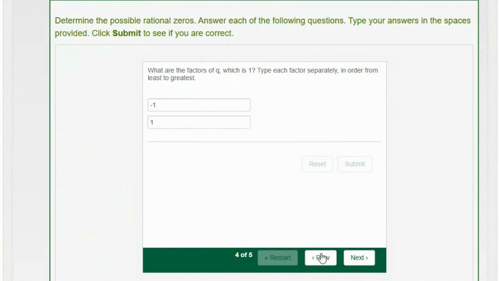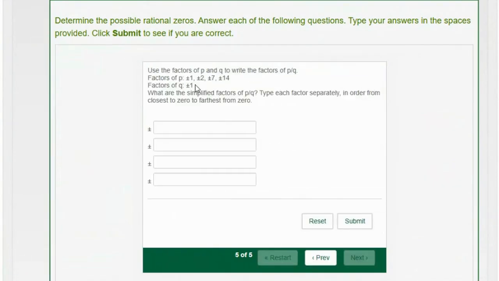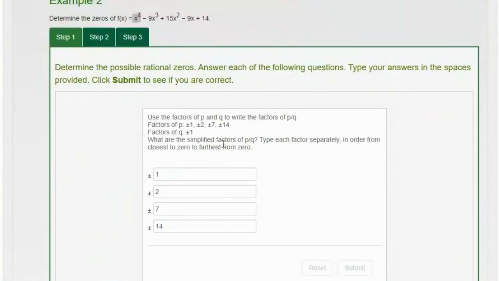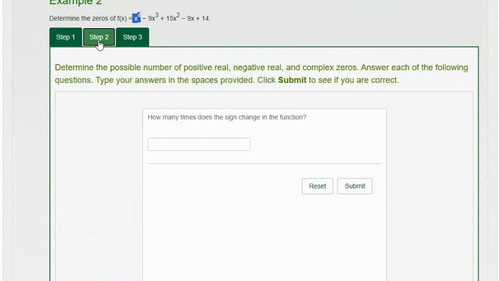So if we look at the factors of p and q, p is plus or minus 1, 2, 7, 14. Q is plus or minus 1. So if we simplify that, just divided by 1, it's still just 1, 2, 7, and 14, plus or minus of each of those. So we found the 8 possible real rational roots.